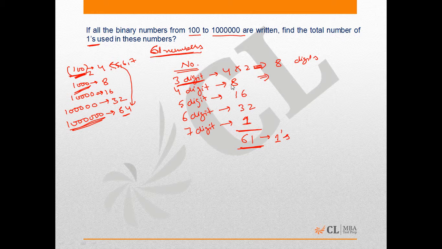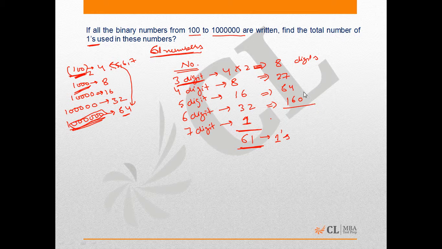Similarly, for the 4-digit numbers, the first digit I have already counted, and the remaining 3 digits in all 8 numbers sum to 24. Similarly here 64, here 160, and in the rest I will get zeros only, so I will not count those.